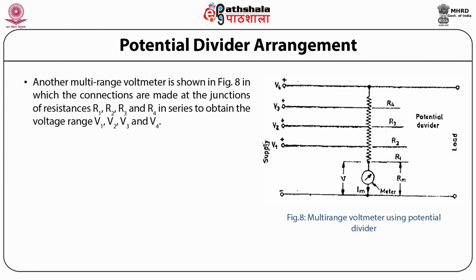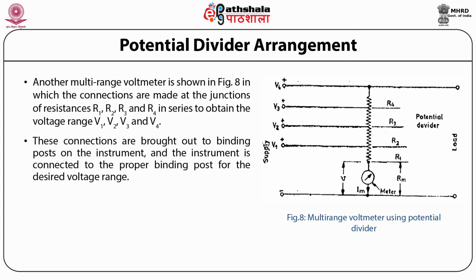Another multi-range voltmeter is shown in figure 8, in which the connections are made at the junctions of resistances R1, R2, R3 and R4 in series to obtain the voltage ranges V1, V2, V3 and V4.